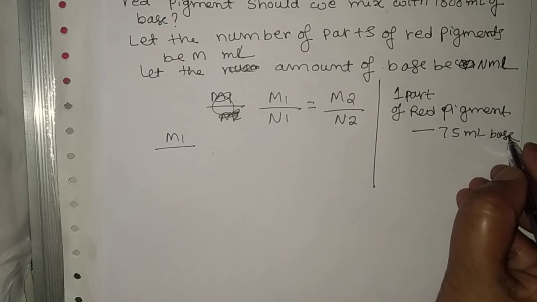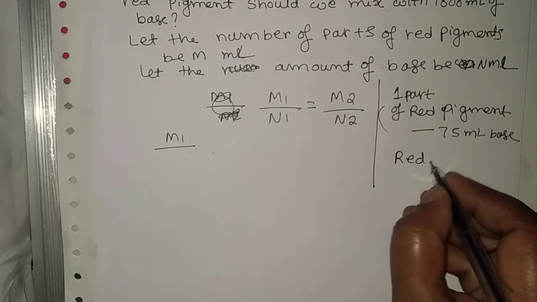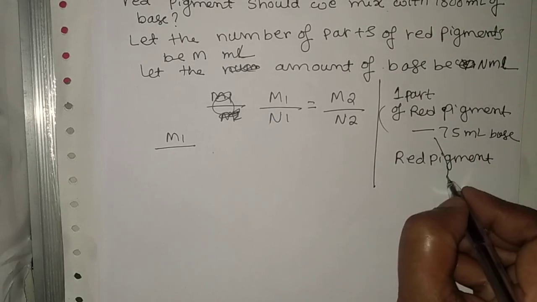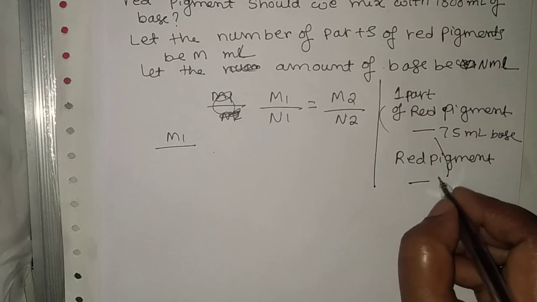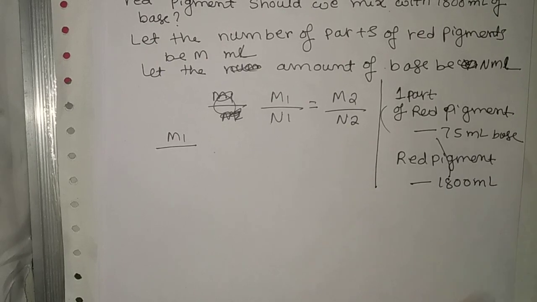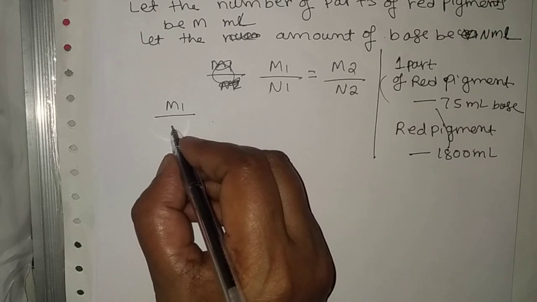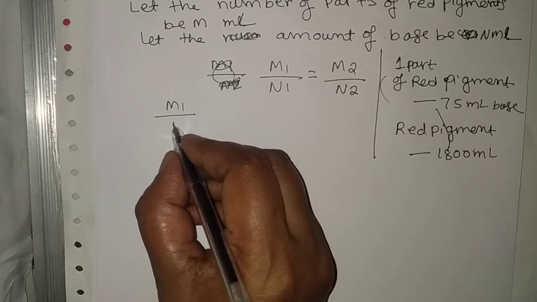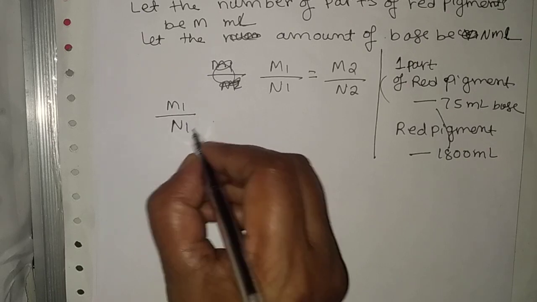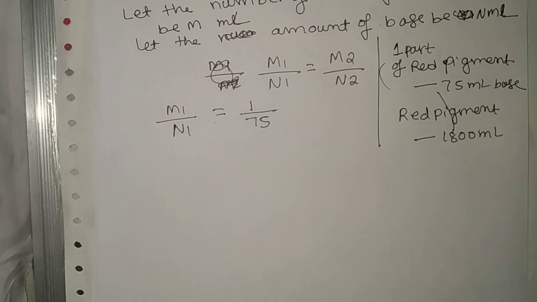Then so many red pigment we don't know, red pigment we have to find out, should we mix with how much they have given? 1800 ml. So this is the data given.